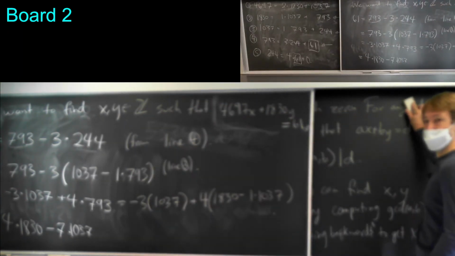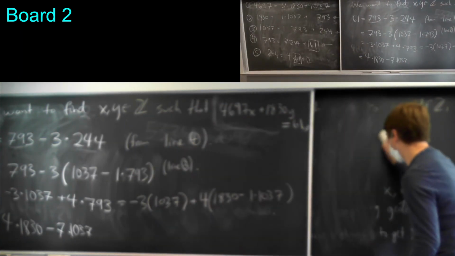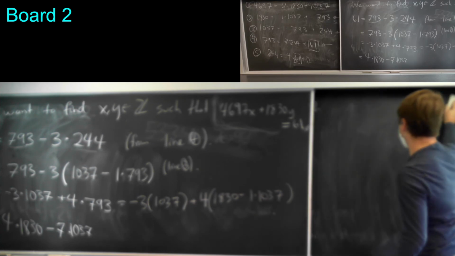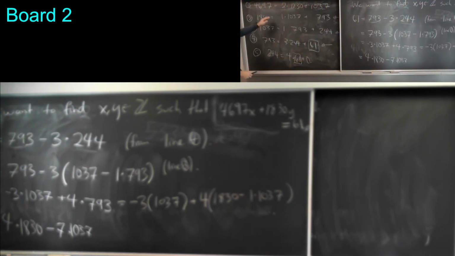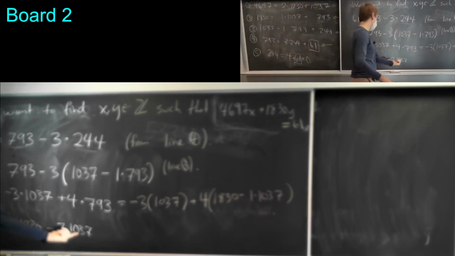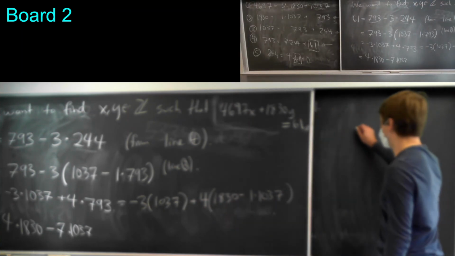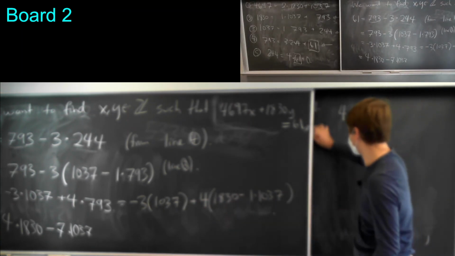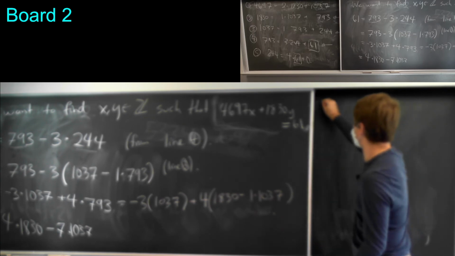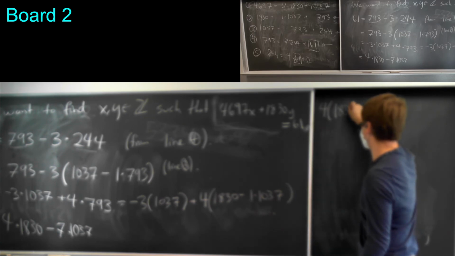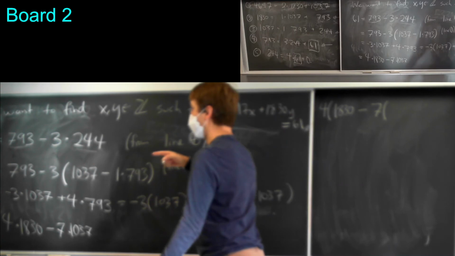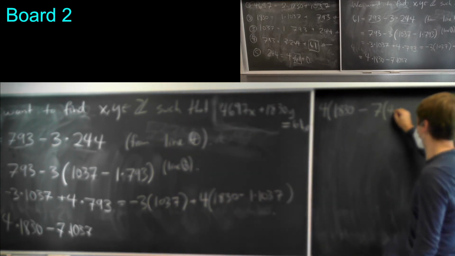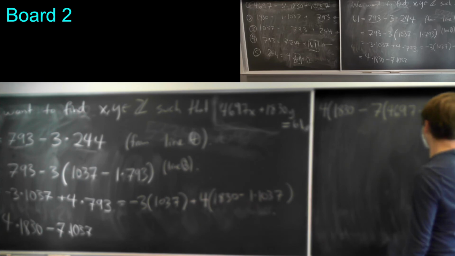Okay, so maybe I'll finish this here. Now I look at my last line of the calculation. I can solve for 1037 and plug it in here. So we finally get 4 times 1830 minus 7 times, so 1037 is 4697 minus 2 times 1830.